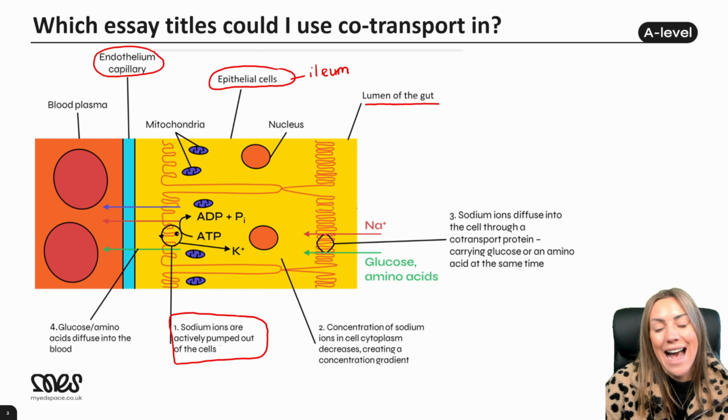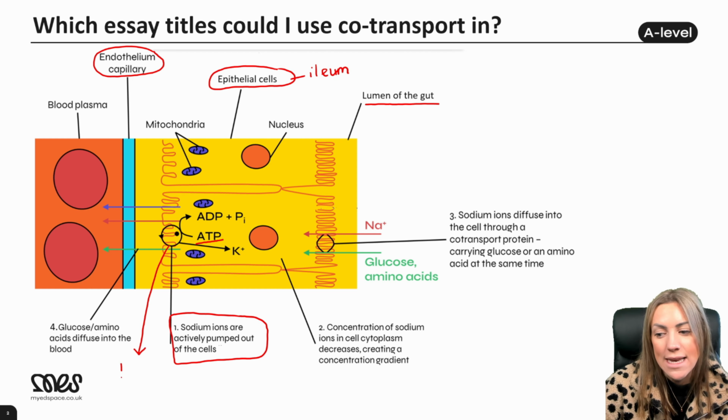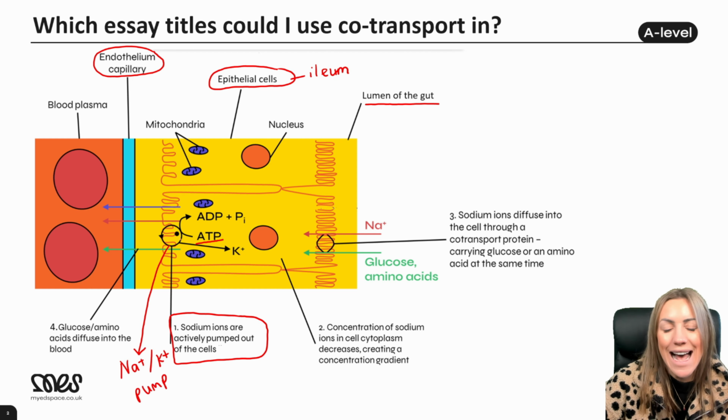Because this is active transport, it does require energy from ATP. This protein specifically is known as the sodium-potassium pump. It's actively transporting sodium ions out of the cell, and at the same time, it is actively transporting potassium ions into the cell.